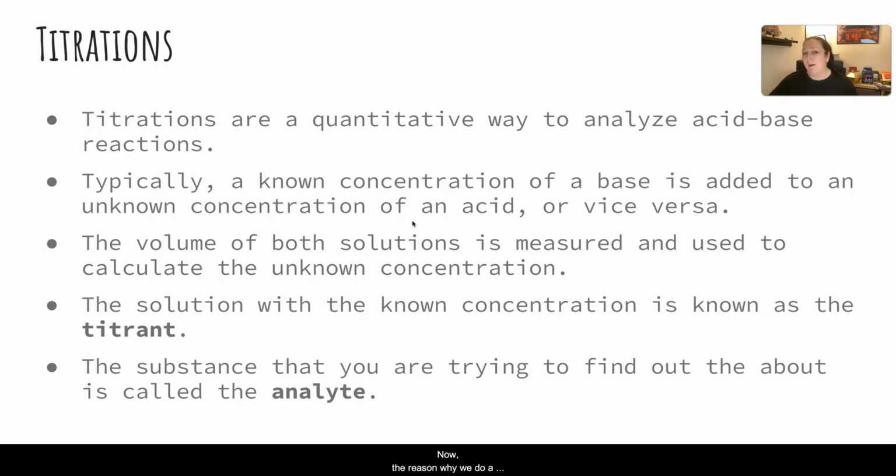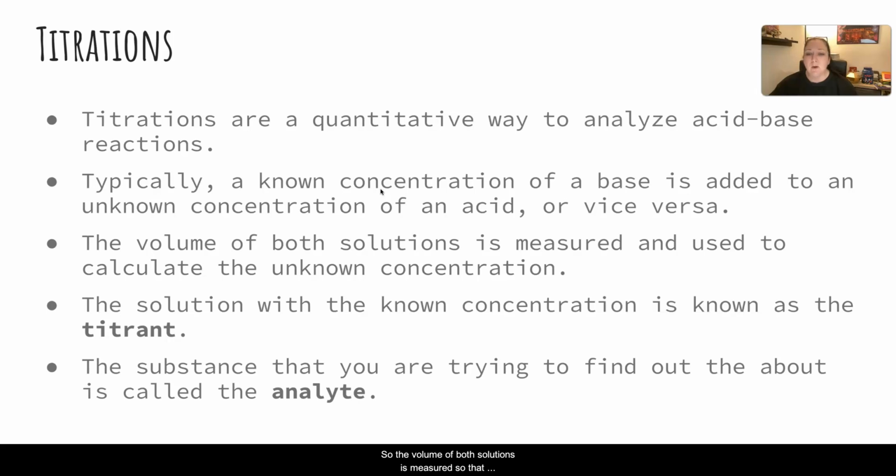Now, the reason why we do a titration is when we have an acid or a base and the concentration is unknown. If we don't know what the concentration is, then we can run a titration to figure that out. And so that's really important. So that's typically why we do it. And it doesn't matter which one's unknown. That's irrelevant. We can do either one, and we'll flip them around.